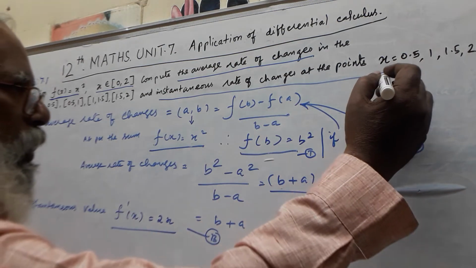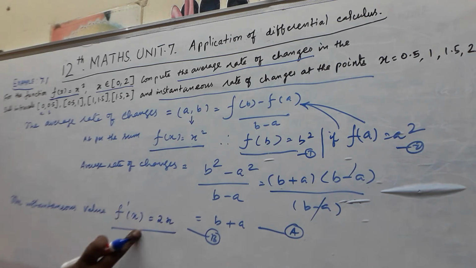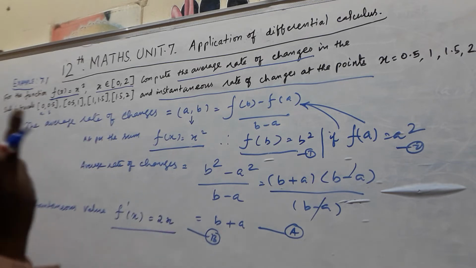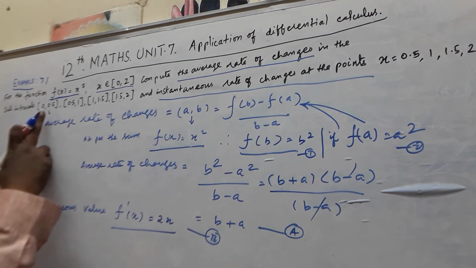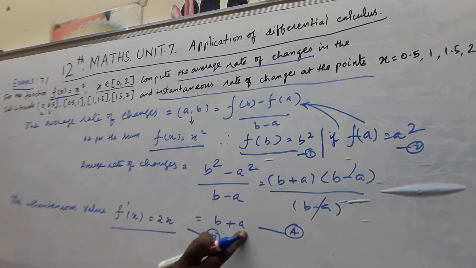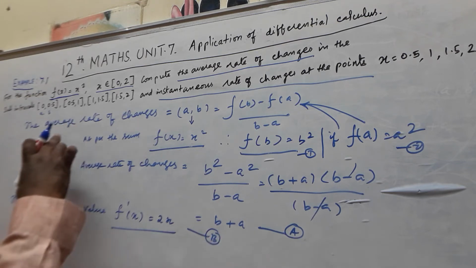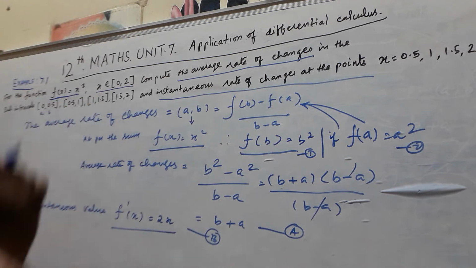If you are substituting these 4 points in the instantaneous value, then you get the instantaneous value. If you substitute the value of the interval as given in the sum, a comma b, in the average rate of change, we get the average rate of change for this given interval.